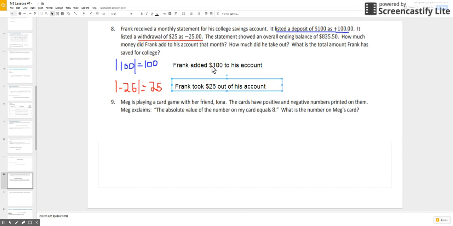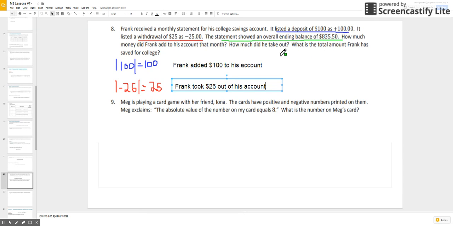And the last one here, we have what was Frank's total amount in his savings account. The statement showed an overall ending balance of $835.50. Even decimals and fractions have absolute values or specific magnitudes.